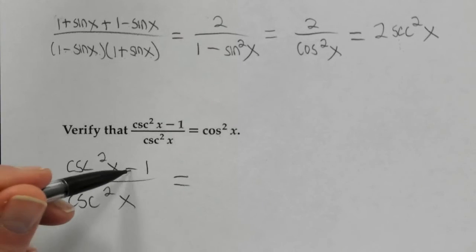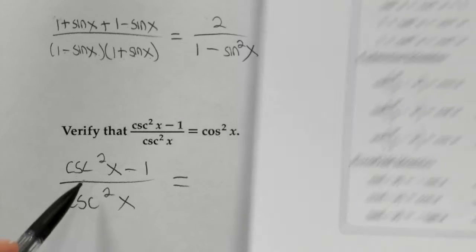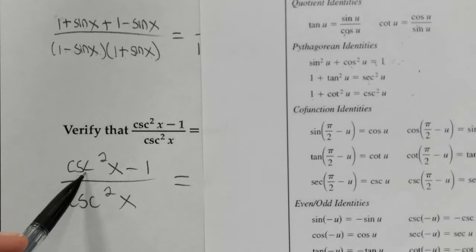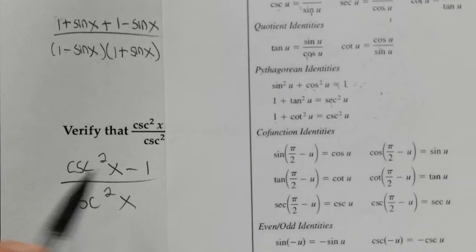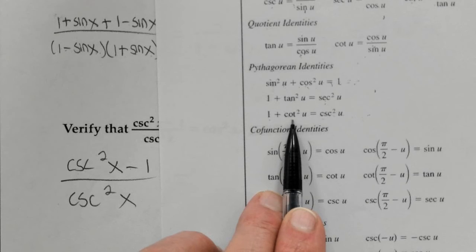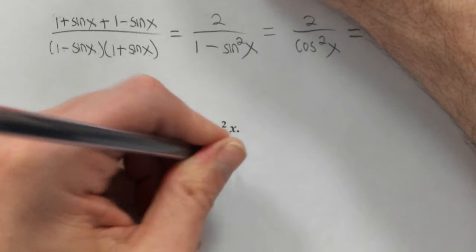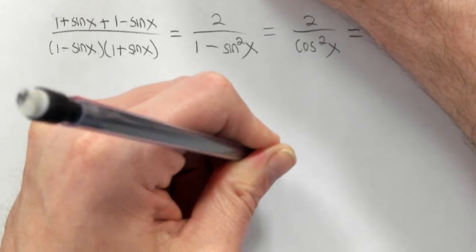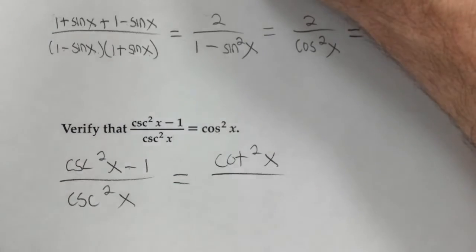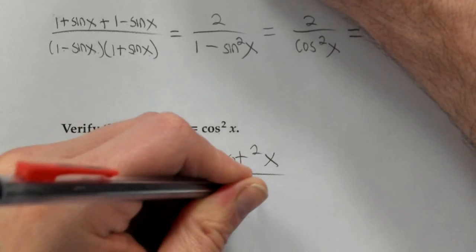Cosine squared minus 1, or excuse me, that's not cosine. Cosecant squared minus 1 is going to be equal to cotangent squared from this identity. So we'll change that to cotangent squared x, and we'll leave the denominator the same for now, cosecant squared x.